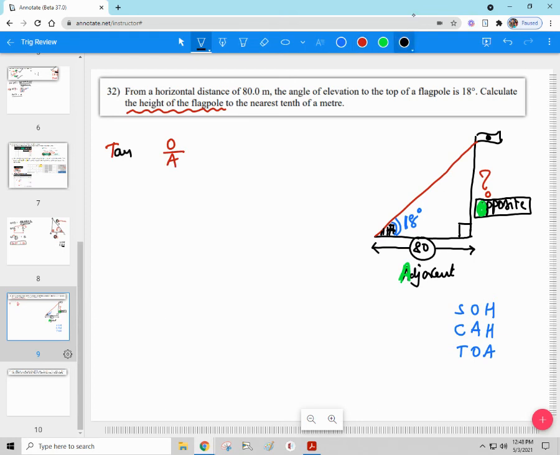So tan, I did not label this one, so let me write PQR. For that matter, you can take any letters of your choice.